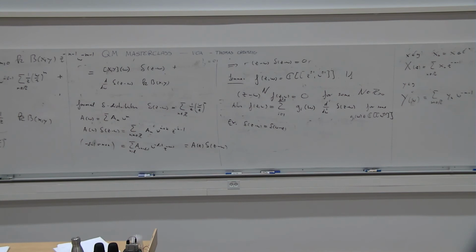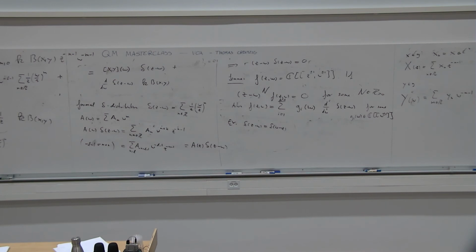Yes? I got z minus w to the power n times A equals 0. Is that in the formal power series? It's in the formal power series, yeah. Okay. I'm not yet seeing why this would happen.